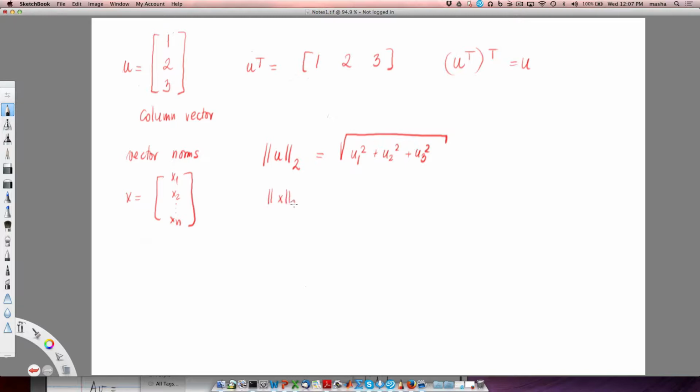My norm 2, so this is the L2 or Euclidean norm, is the square root of x1 squared plus x2 squared plus all the way to xn squared, however many I have. So in 2 and 3 dimensions, this is the length as we know it, geometric length. But in multiple dimensions, I can still do the same thing.